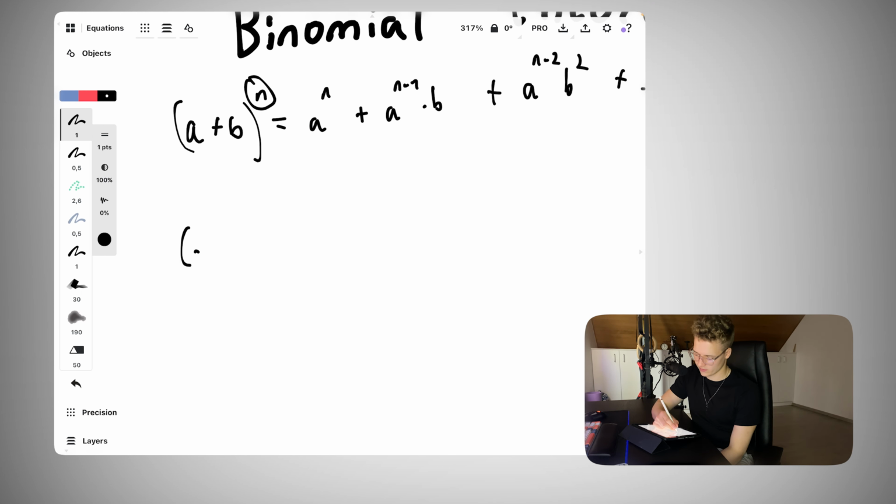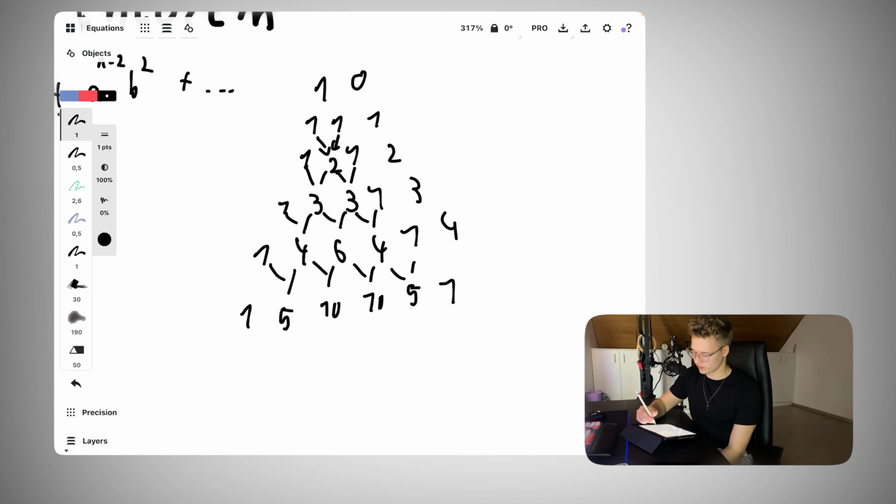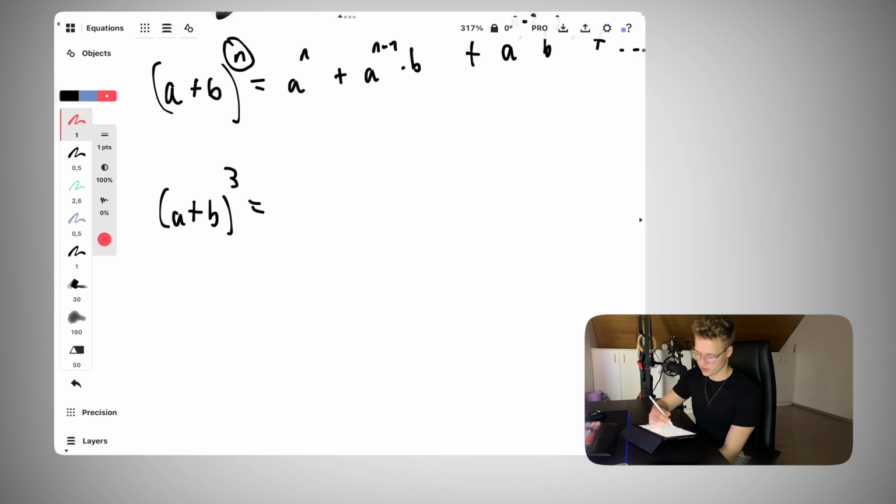So let's say we have a plus b to the power of 3. We are going to look at the third row, which is, so this one, 3, and it has 1, 3, 3, and 1. So we're going to have 1, 3, 3, and 1.